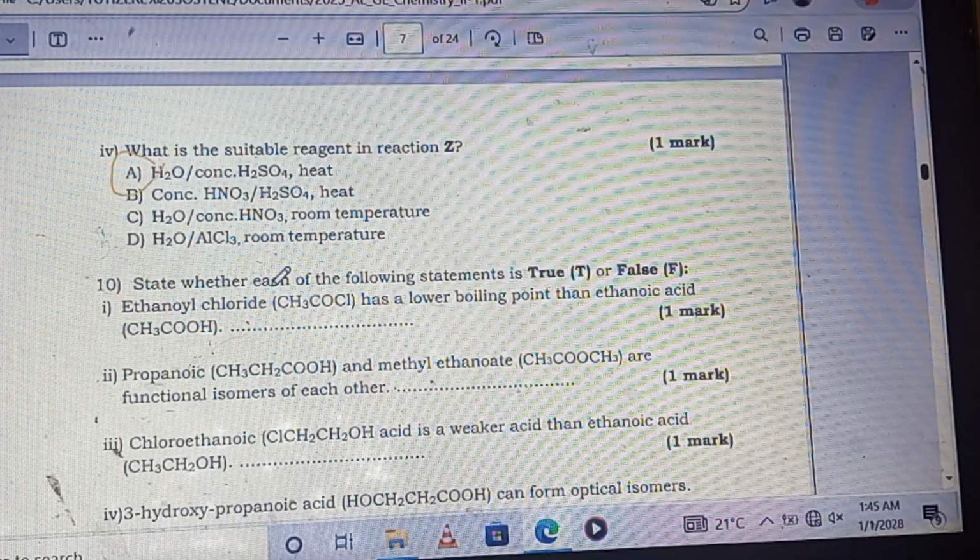Question 10. State whether each of the following statements is true or false. I1. Ethanoyl chloride, as you see, has a lower boiling point than ethanoic acid. Is it true or false?